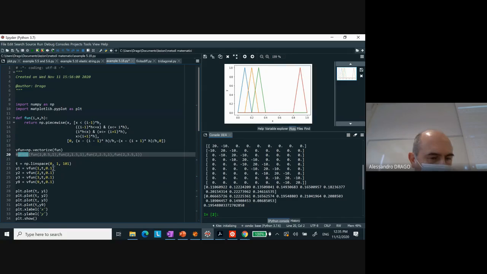So I choose 0.1. Okay, 0.1 is the step between points on the grid. So this works in the sense that if I have an interval 0, 1, and I want to divide it into 10 subintervals, then the step is 0.1.